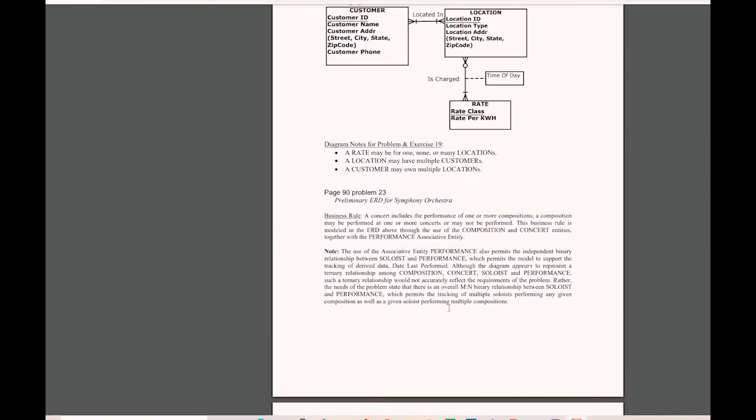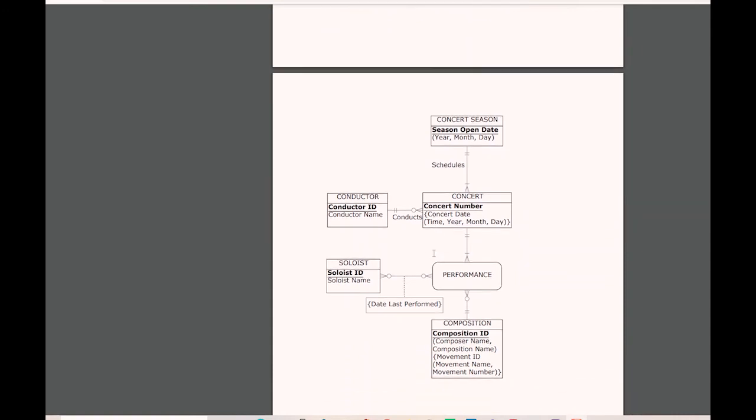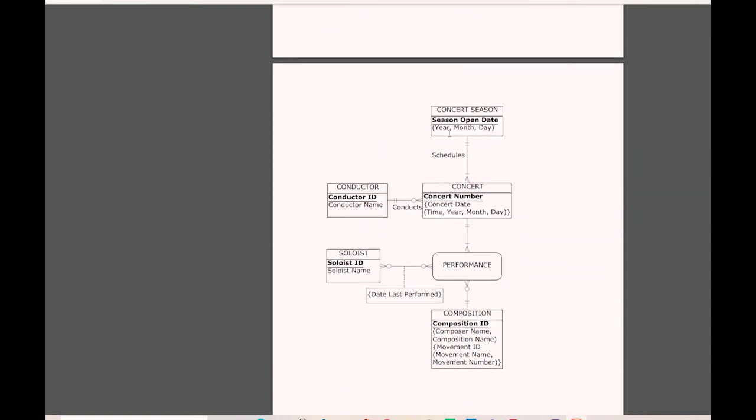So here we have the concert season, problem 23. A concert includes the performances of one or more compositions. A composition may be performed at one or more concerts, or it may not be performed. This business rule is modeled in the ERD below. So here we have a concert season with the open date, year, month, day composite.